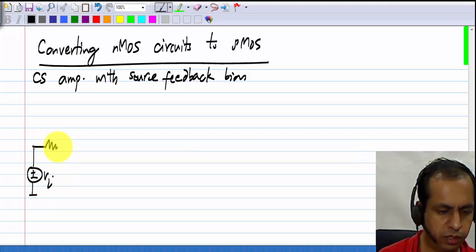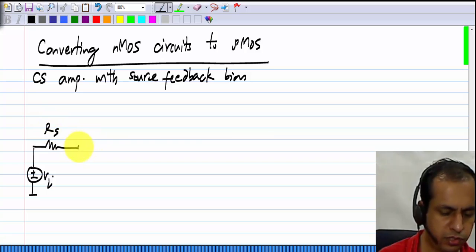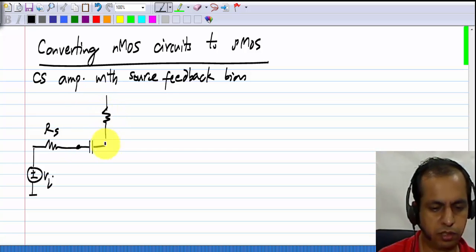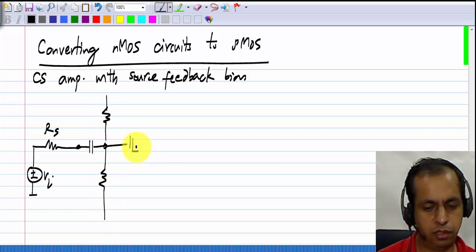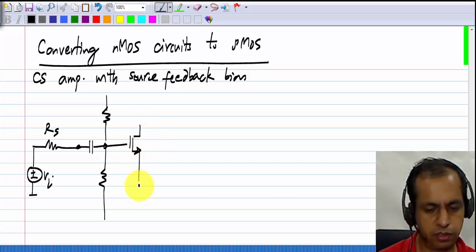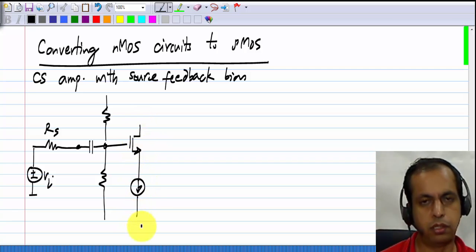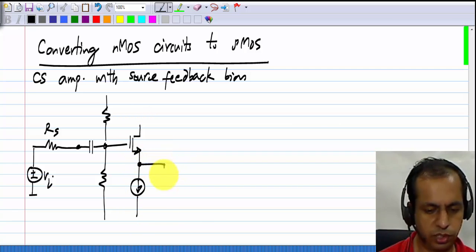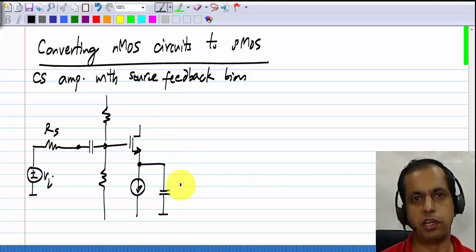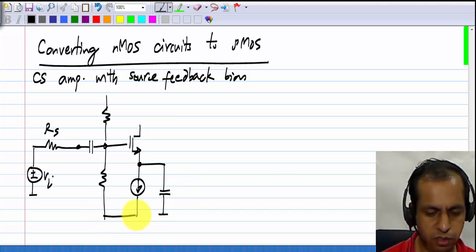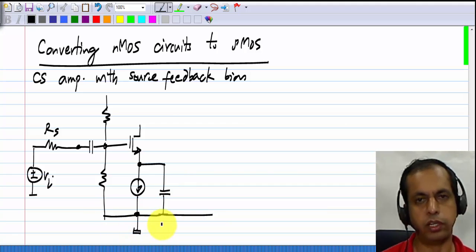We have Vi, Rs, and a coupling capacitor, a voltage divider to establish the gate voltage of the NMOS transistor, the current source at the source terminal to provide bias, and a capacitor across it to short it for signal frequencies. The lower rail is ground.